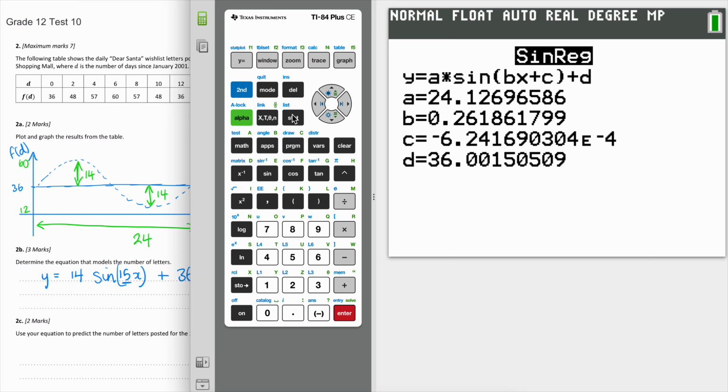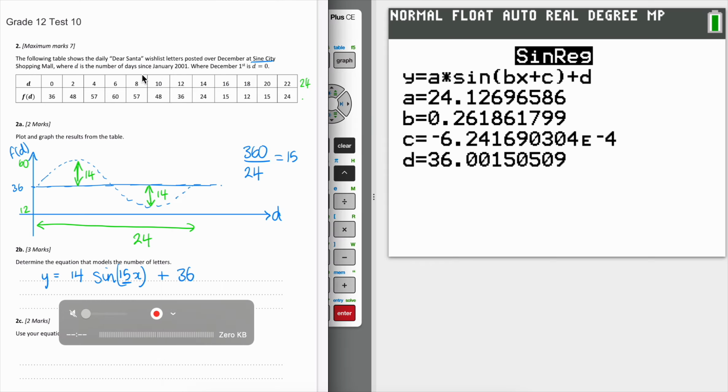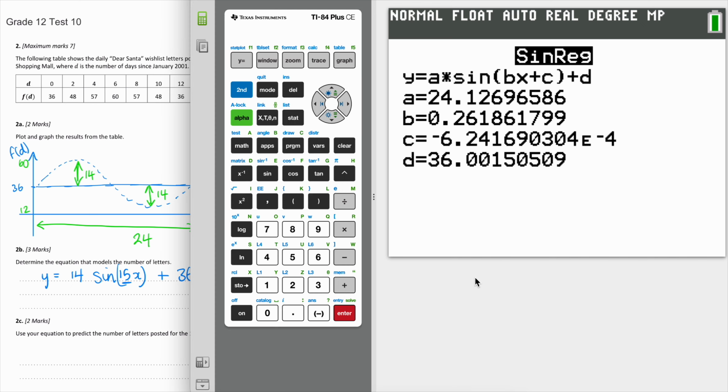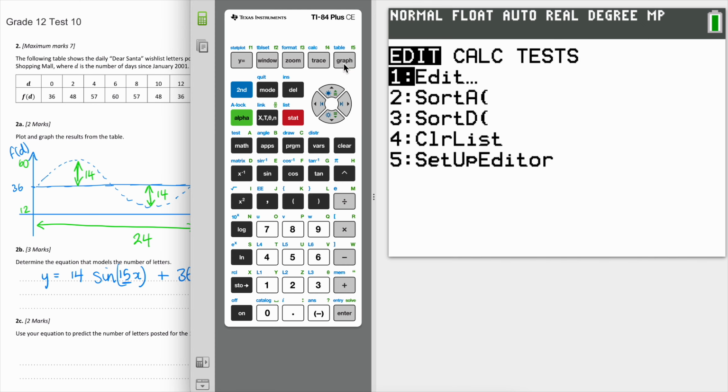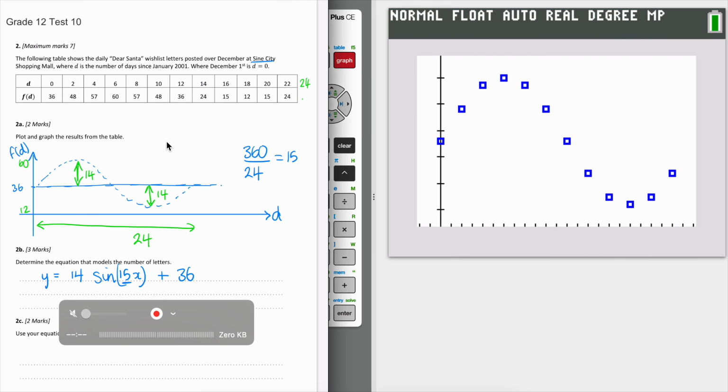And we can see that we have the same values as what we just found. Because they've got the bx plus c form, their values here are a little bit different. So just be aware of that, but you can certainly check your a is 24 and your d value, you can see as well, is 36. From that, let's just graph it again. There we go, we can see the graph.